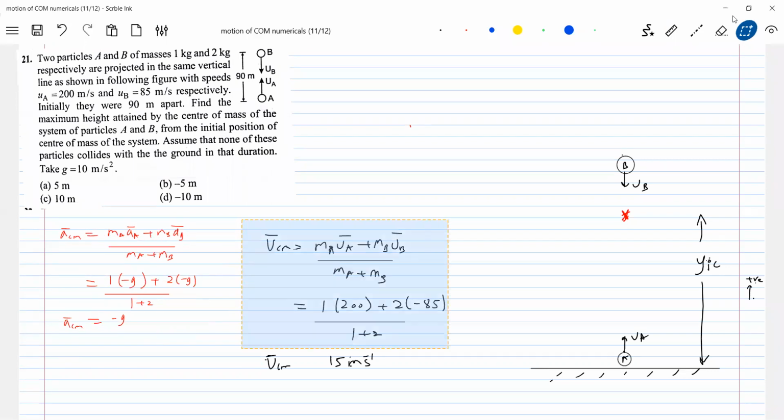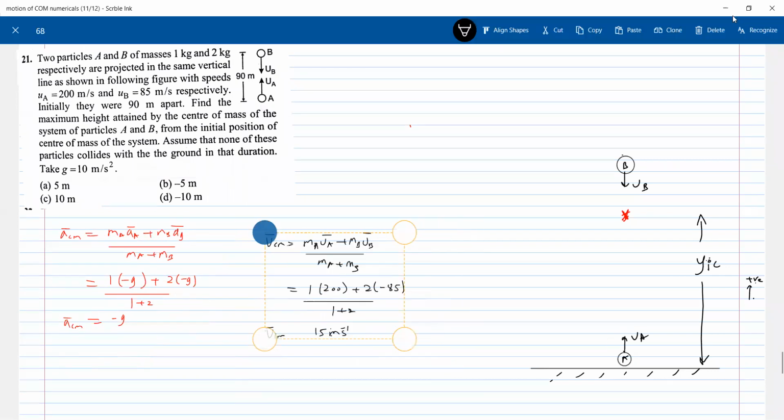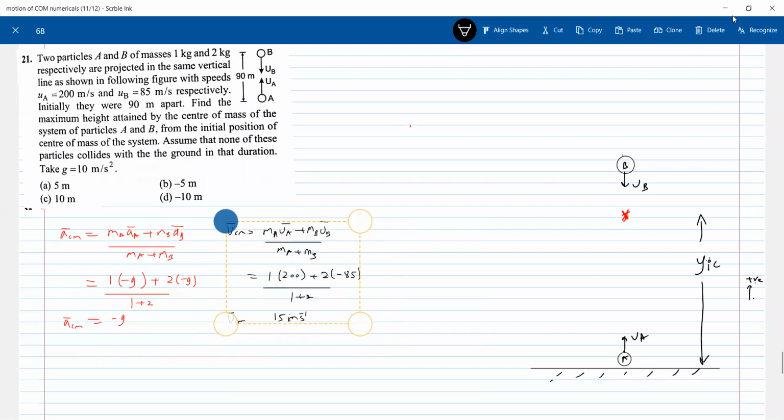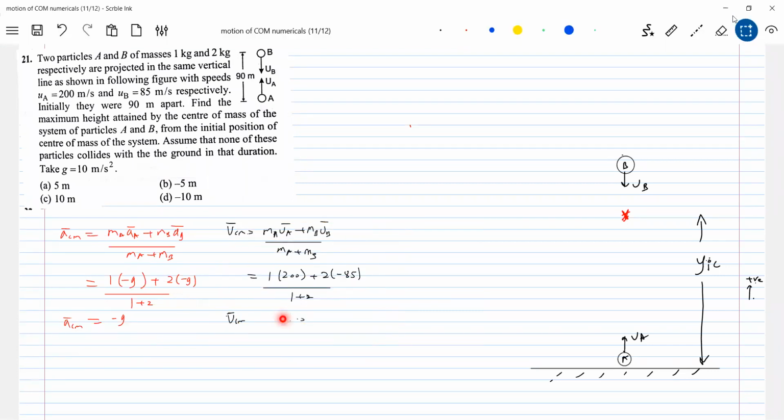So VCM is 10 also. VCM is how much? 10. I got positive. Okay, let it be 10 here now. This is the initial velocity of the center of mass. Positive means it will be upward.